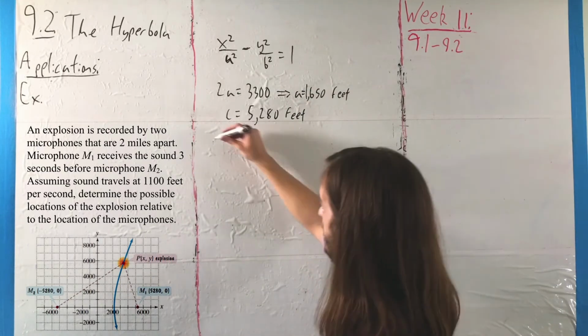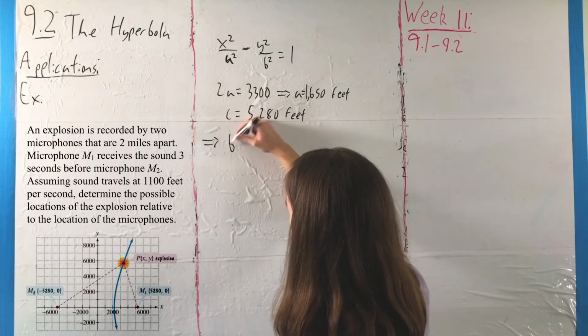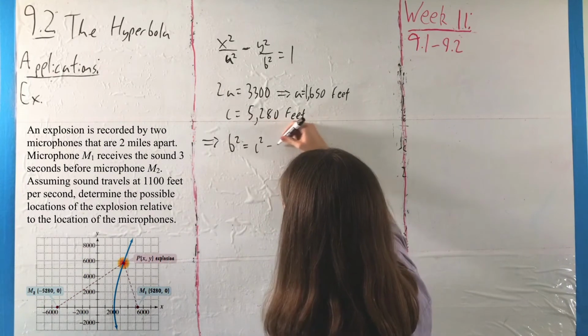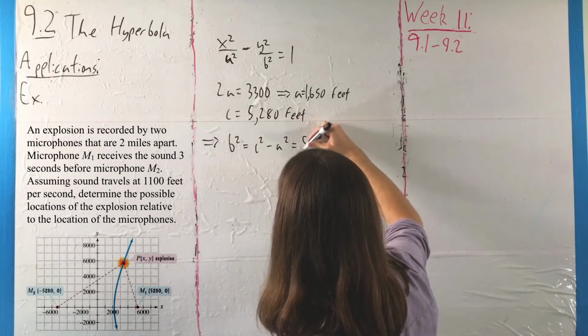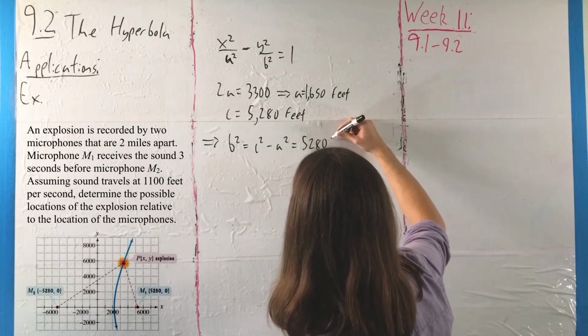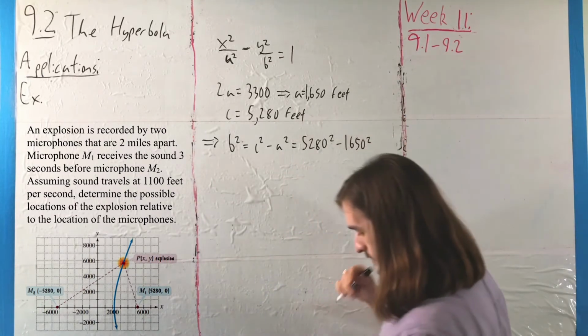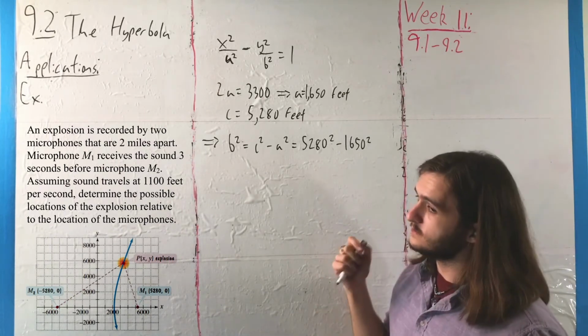If we want to find b, well, it's not going to be very pretty. b squared is equal to c squared minus a squared, which in this case is 5,280 squared minus 1,650 squared. And if you can get this value on your own, good on you.